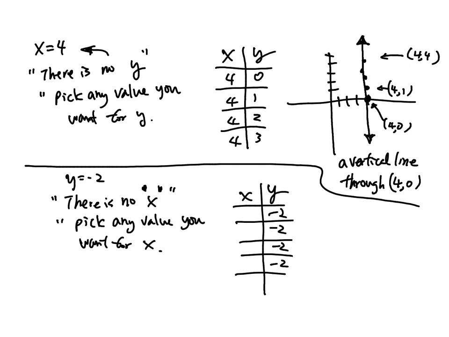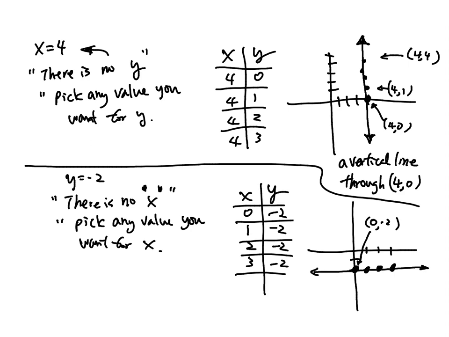And you can pick any x value you want. So I'm going to pick 0, 1, 2, 3. And check this out. 0, -2 is right here. 1, -2 is just one more point to the right. 2, -2. 3, -2. And when you connect the dots, you have a horizontal line.